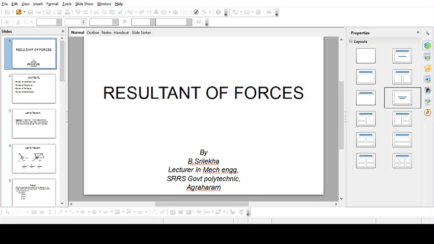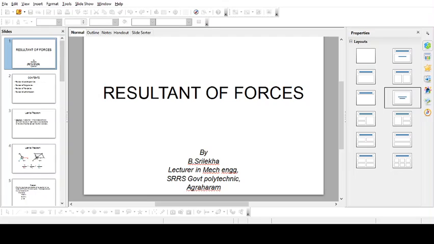What we can do is simply substitute theta is equal to tan inverse of Q sine alpha by P plus Q cos alpha.